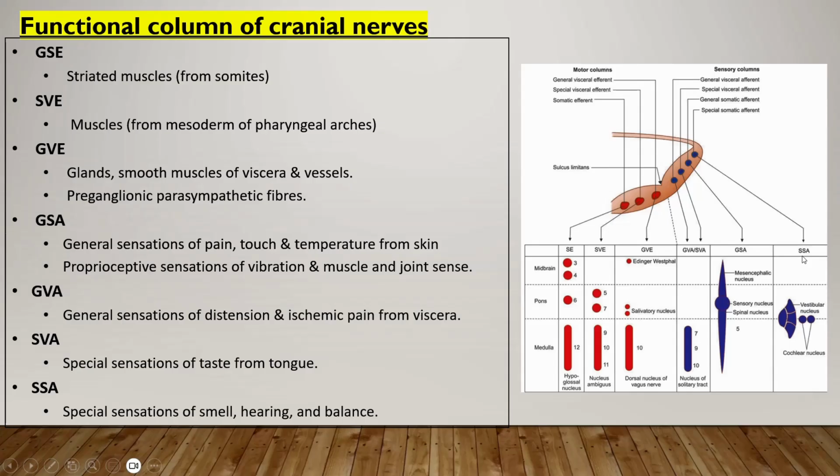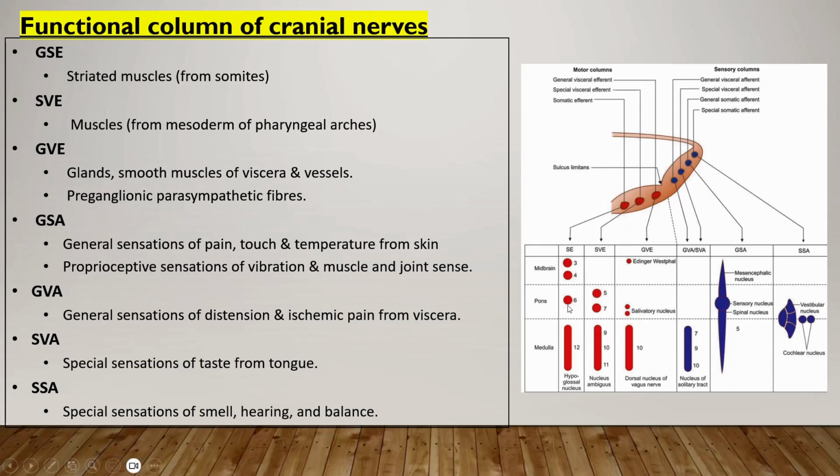So now you can say it in another way: if we talk about a particular functional column, how many cranial nerves are related to it, or if we talk about one particular cranial nerve, how many functional columns it is attached to.